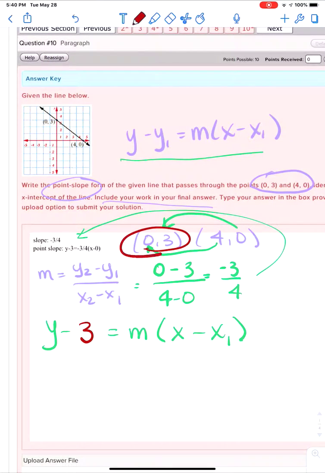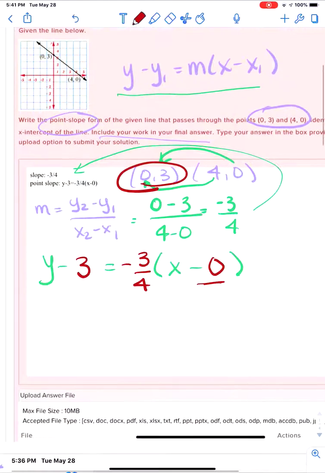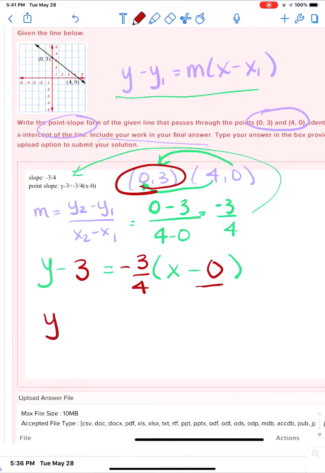There's my 3 if I'm going to use this point. My x value is 0. So that goes in here. And my slope is negative 3/4. Now the only problem is if I subtract 0 from something, that doesn't change its value. So for this one, you should end up with this, because if it's minus 0, you're going to end up dropping that piece.